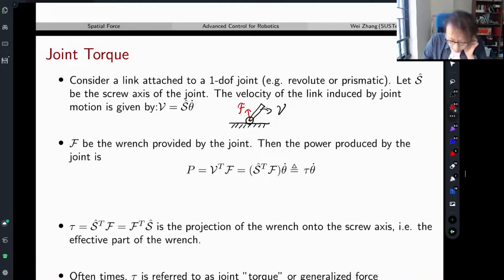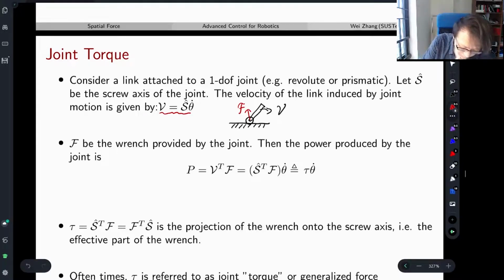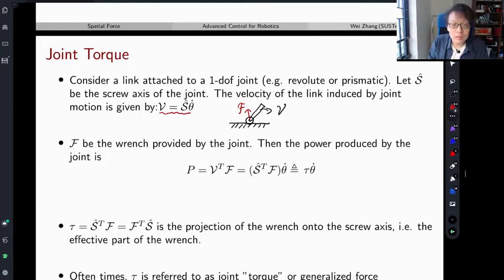And because it's a rigid body, the velocity of this body is mainly due to the joint motion. So by our screw axis representation, this velocity is just the screw axis times theta dot. I think we have seen this many times.